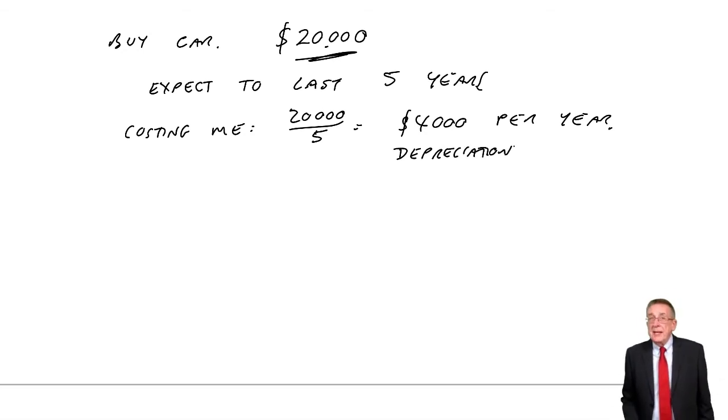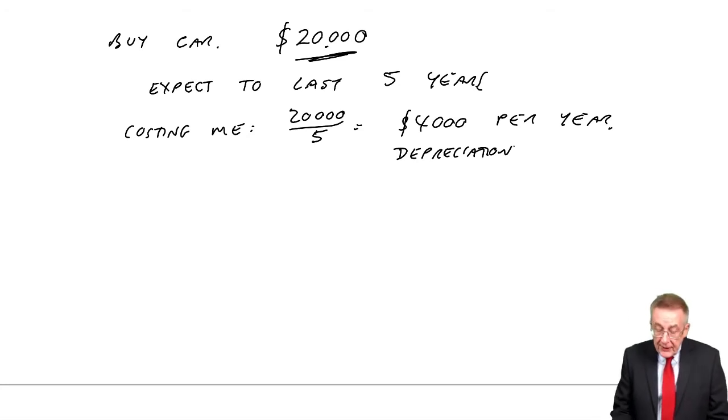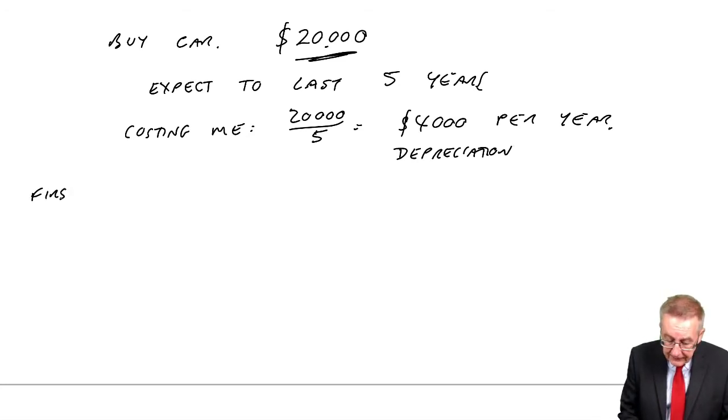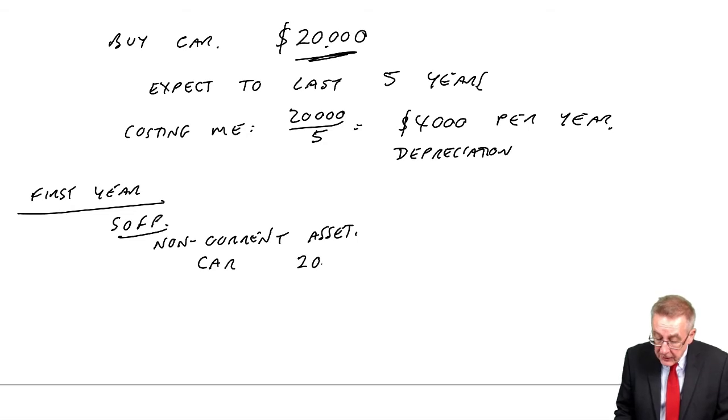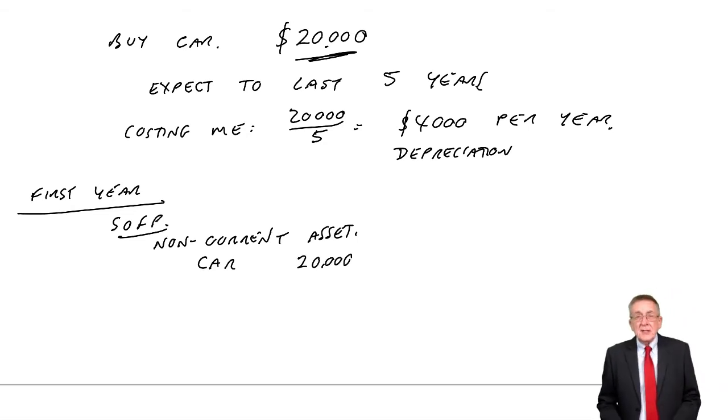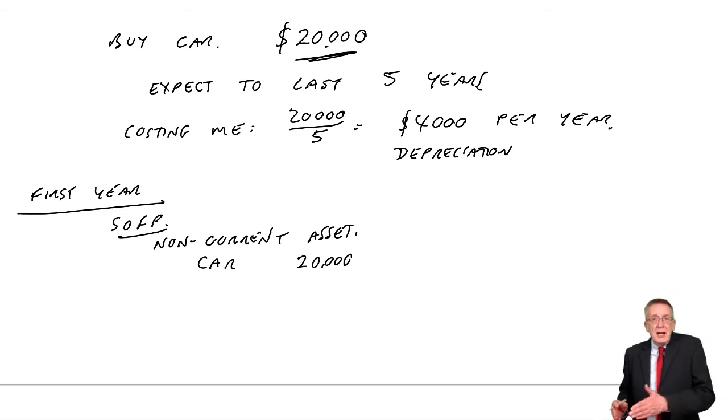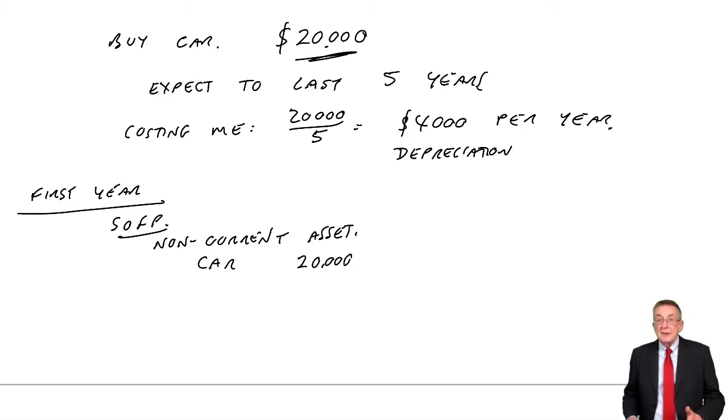And what we'll do is two things. At the end of the first year, on the statement of financial position, we will show the non-current asset, the car. And okay, it cost me 20,000, but I'll say, well, I've effectively used up a year's worth of that car.